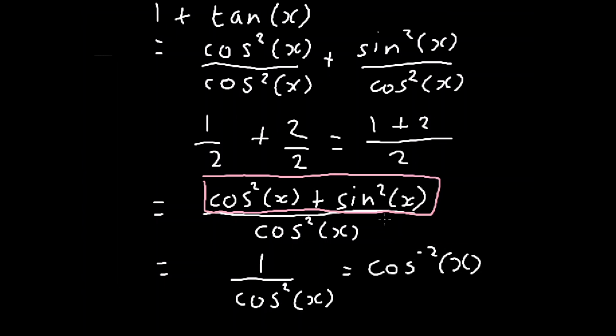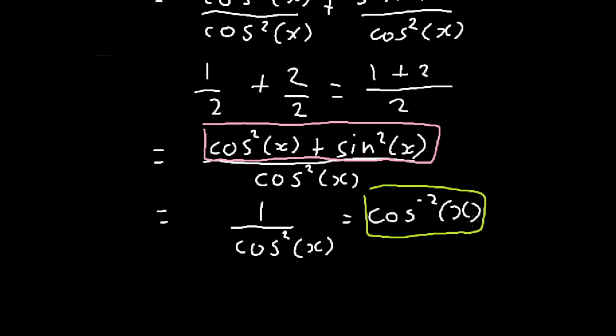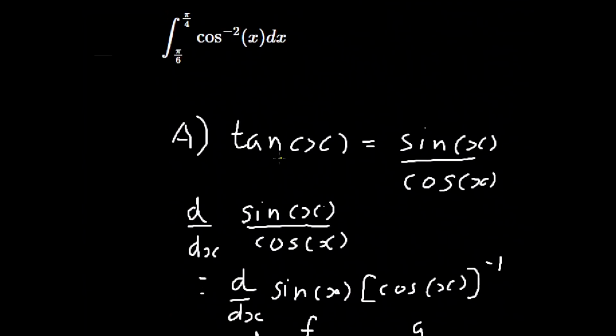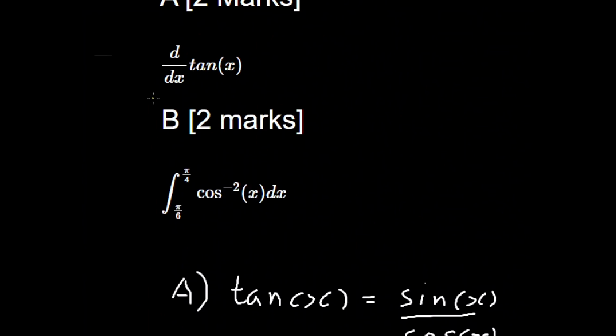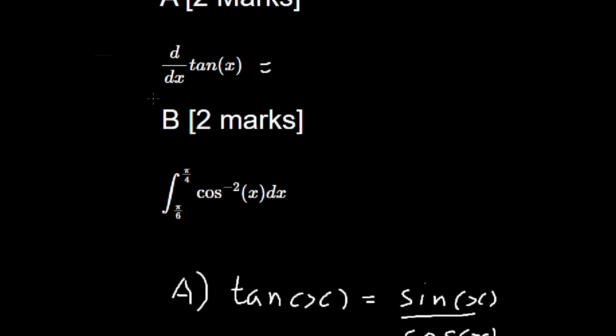And that is the very same thing as our value at the top here. So because we did all of that, we said that cos minus 2x is equal to the differential of, all the way at the top, it's equal to this. So this here is equal to cos minus 2x.